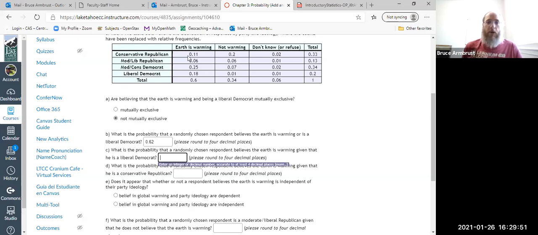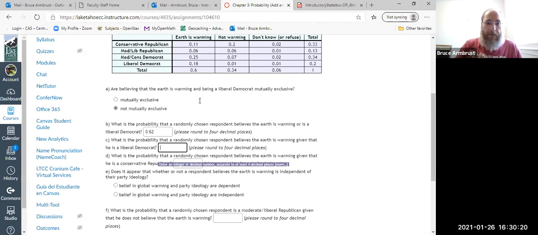So we're going to ignore all of the things in the first 3 rows. I don't care about that. I only care about this row right here. So if we think about our total number of liberal Democrats, it's 0.2. We want to know how many of them were the ones that believe the earth is warming, which is 0.18.